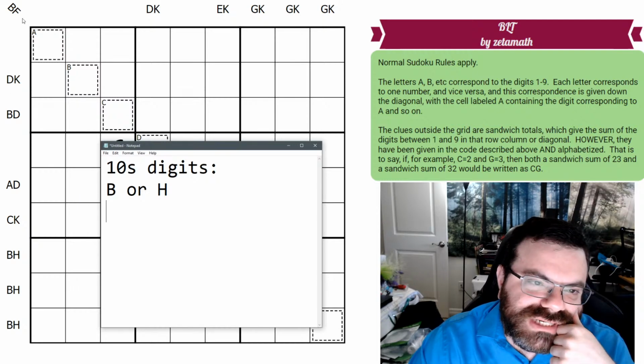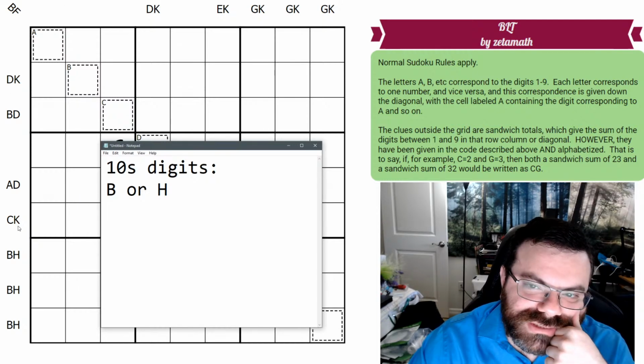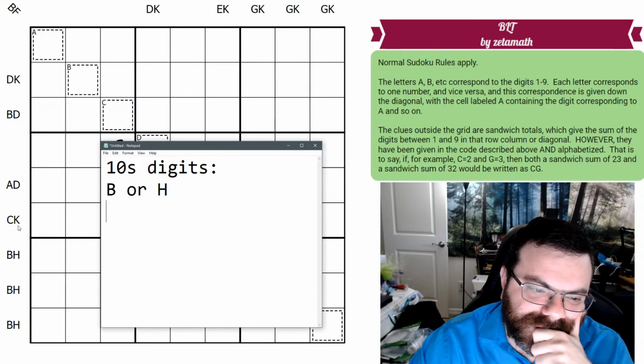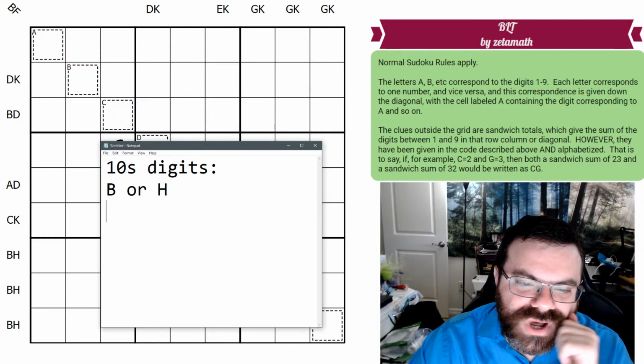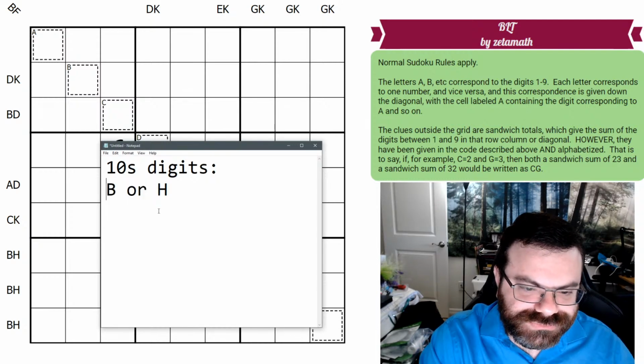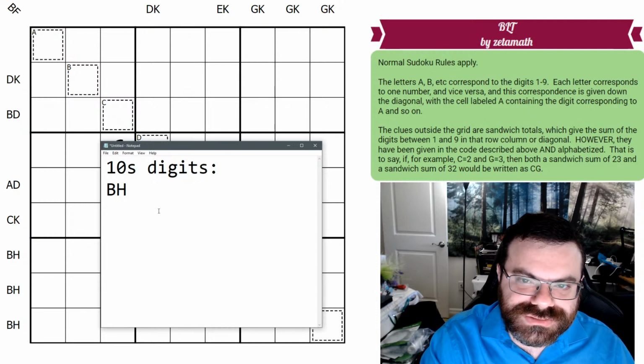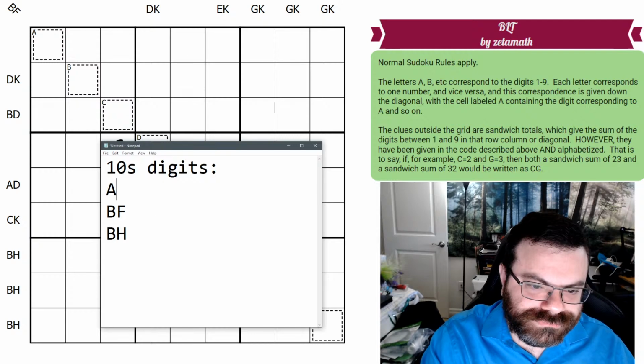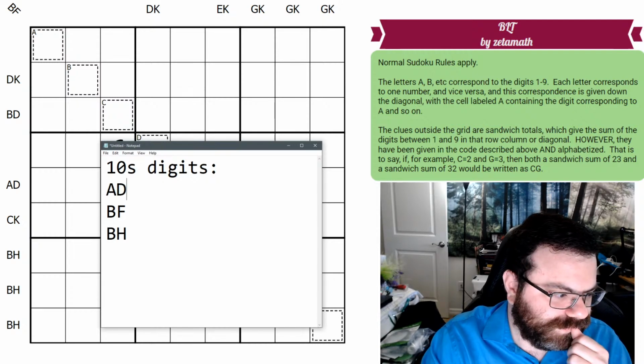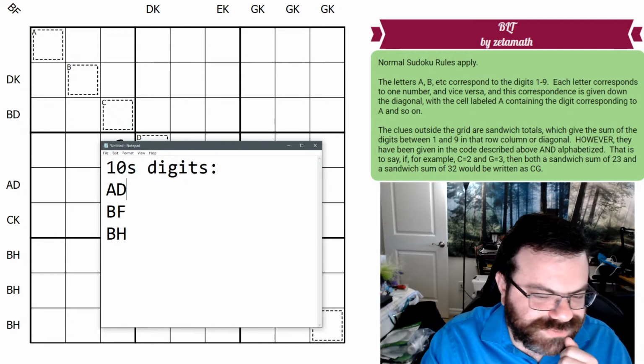See, I'm just going to end up writing out all of these. Is there some way I can... Maybe I can cross-reference, like... So we know one of B or H must be a tens digit. Maybe I can alphabetize these. Well, you can't have a sandwich clue that starts with 4.